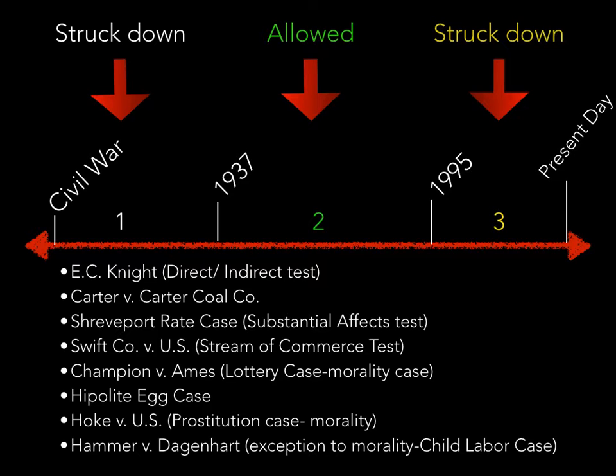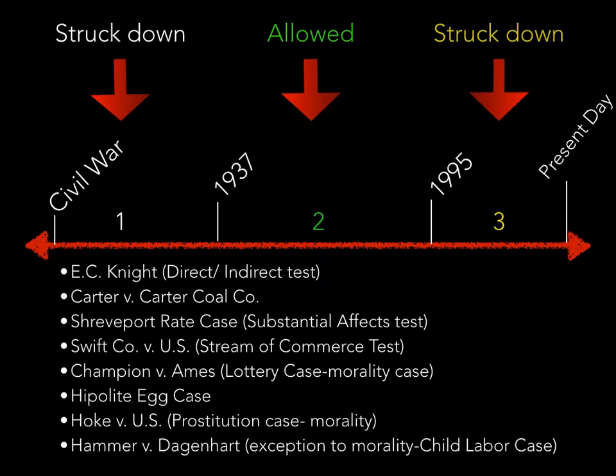Obviously these lottery tickets were going to eventually end up in the stream of commerce, and therefore it was a valid exercise of congressional power under the Commerce Clause. Now, like we said in class, the direct-indirect test used in E.C. Knight was used to strike down that statute. And that's when they said that manufacturing was not commerce, right?